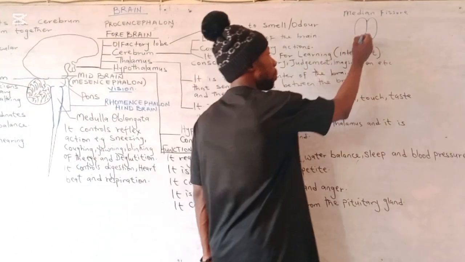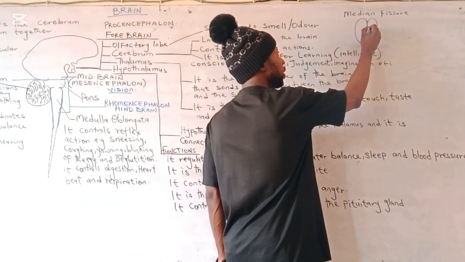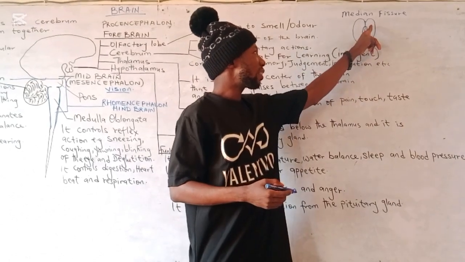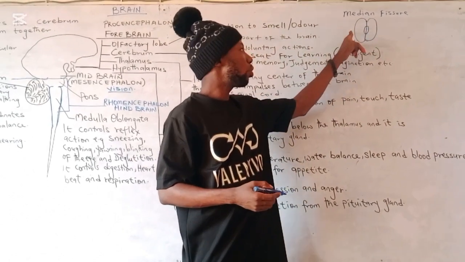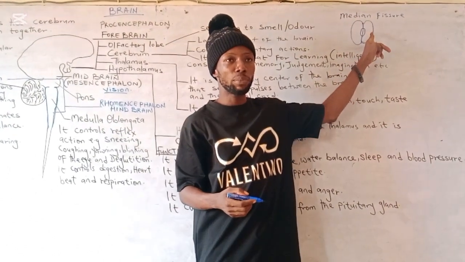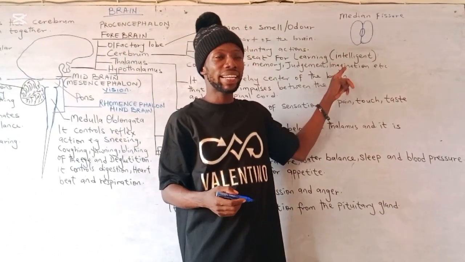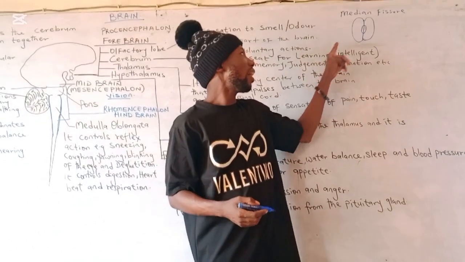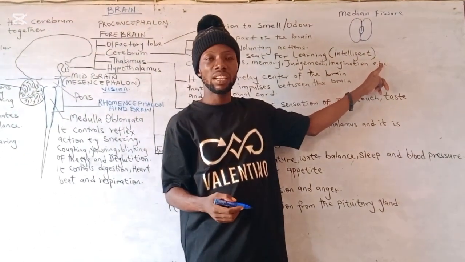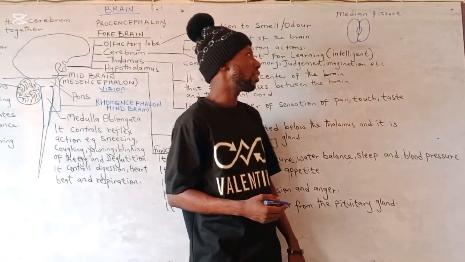Okay, then we have a band of fiber which makes it possible for this part of the brain to control this part of the body. That is, the left part of the brain controls the right part of the body, and the right part of the brain controls the left part of the body.